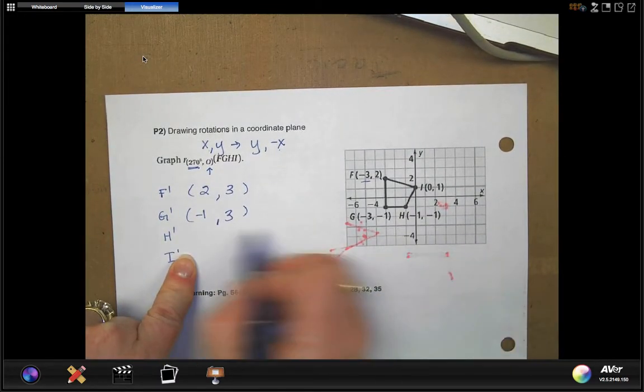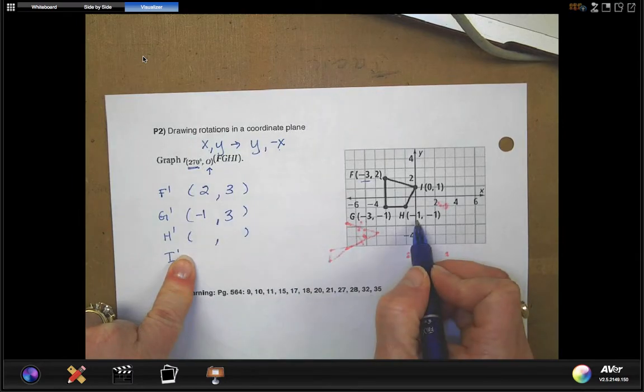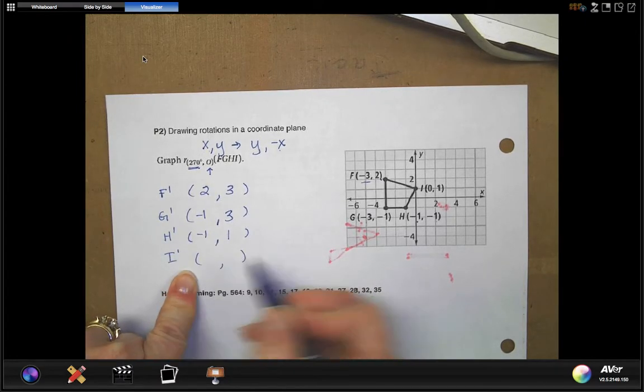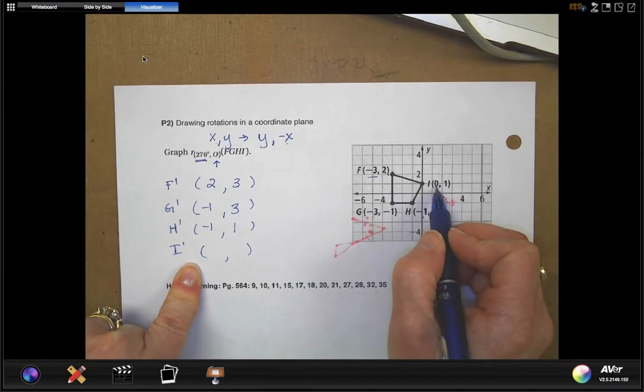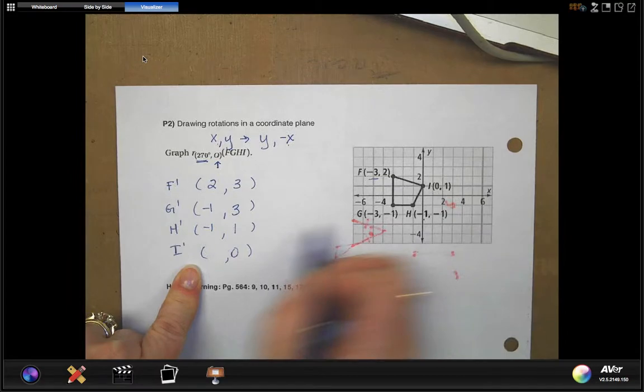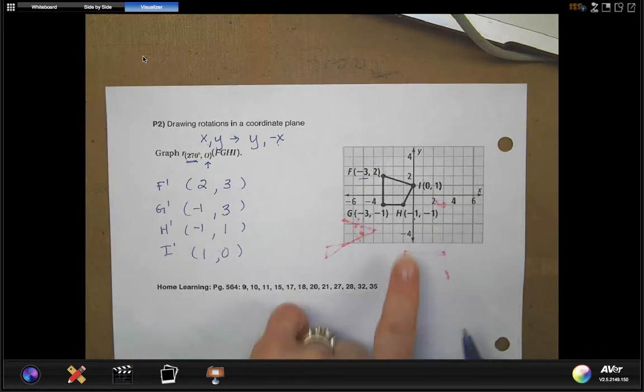H prime, my x becomes my y, but I change the sign, and my y becomes my x. I prime, my x becomes my y, and negative 0 doesn't make any sense, and then my y becomes my x. So those are my new points.